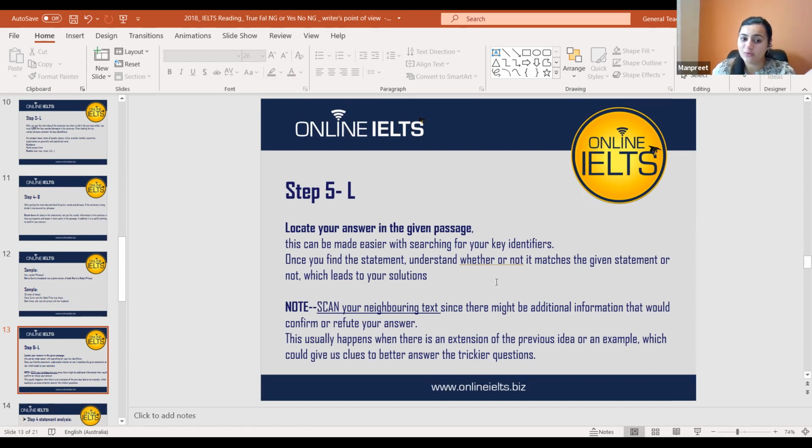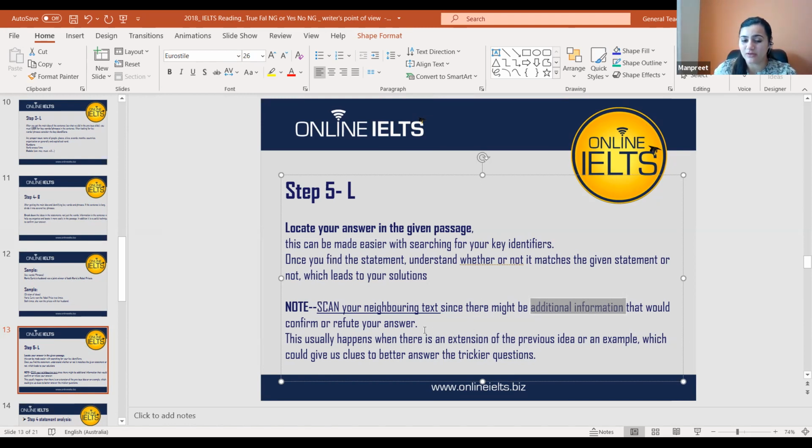That means you just have to look for the keywords in the passage. And sometimes there can be additional information given to you with the use of words which I just told you: however, although, but, any of these. In this case, you will have to read the next few sentences as well, just to confirm your answer, because it can completely change the answer.